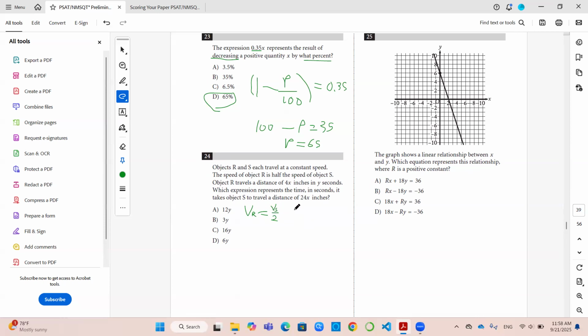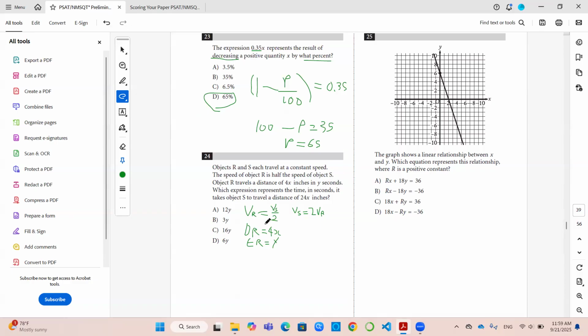Okay, and VS is equal to 2VR. And I know that my object R, DR, travels a distance of 4x, and the time TR is equal to y seconds.